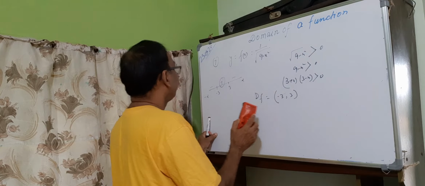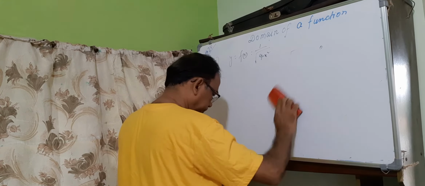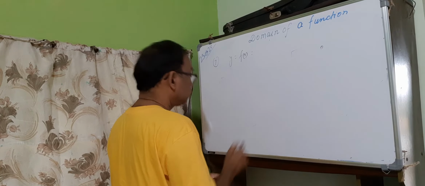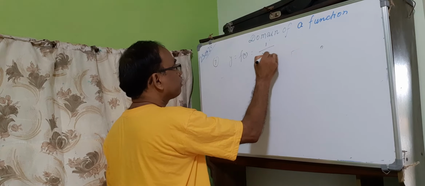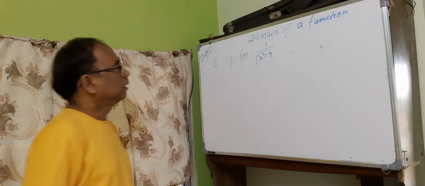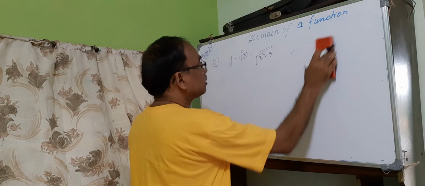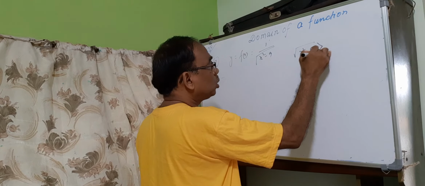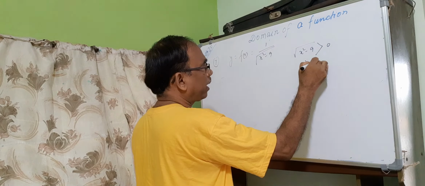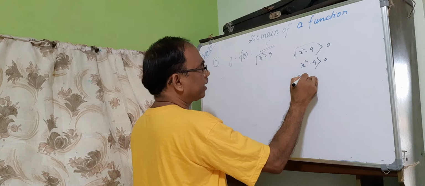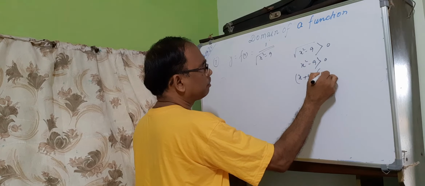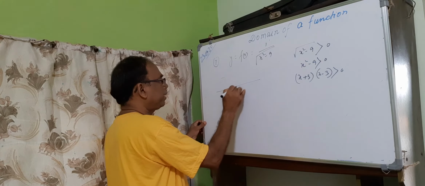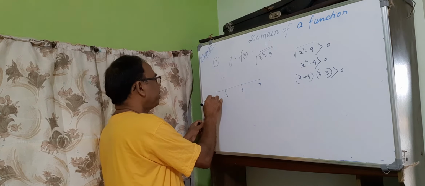Next, sum number 8. We can write the same thing, that is 1 by the square root of x square minus 9. Just like the previous one, we can write the root of x square minus 9 should be greater than 0, that is (x plus 3)(x minus 3) should be greater than 0. Just like before, we take the number line: minus infinity, minus 3, 3, infinity.